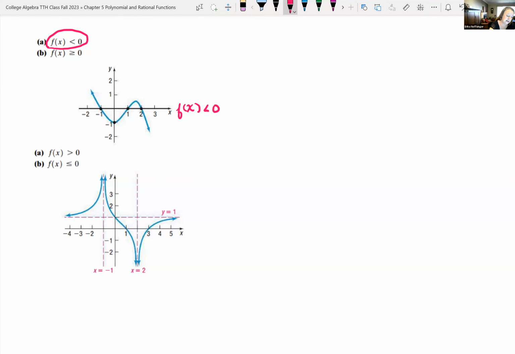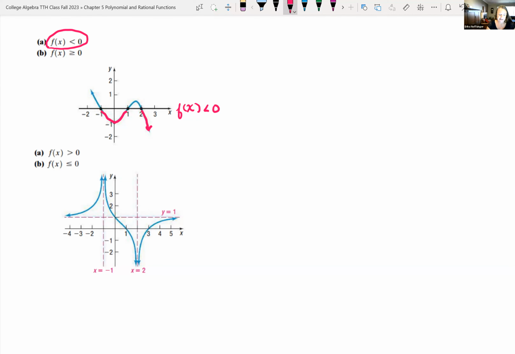Notice when x is less than -1, I'm sorry, that's not below. That's above the x-axis, isn't it? When x is between -1 and 1, and when x is bigger than 2, those are the values where my y values are negative.